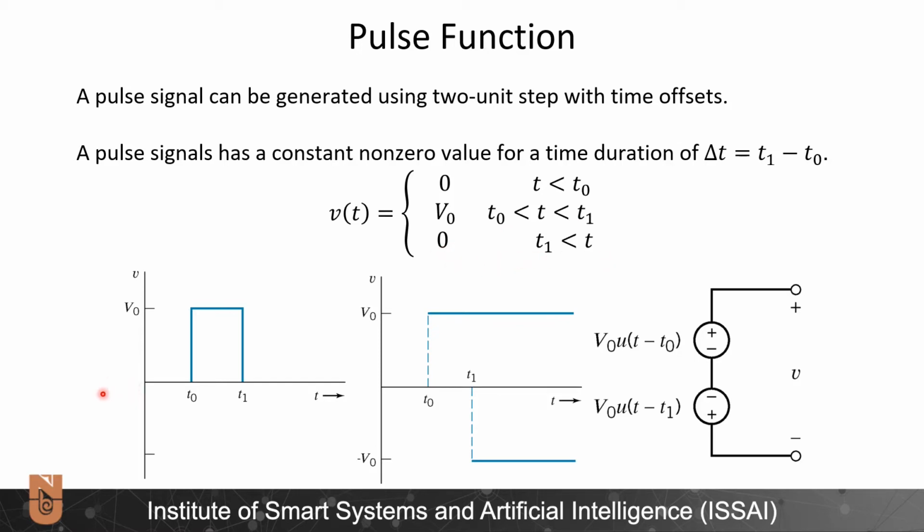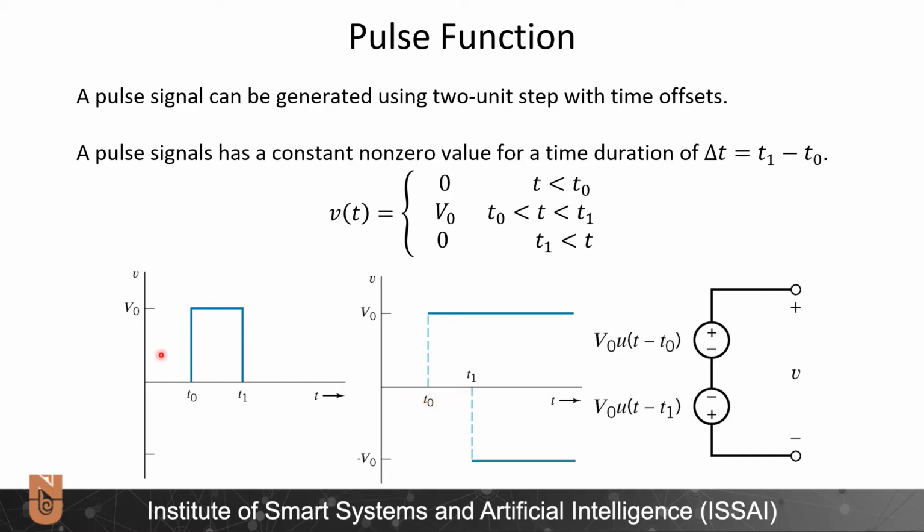So as you can see, if we draw the pulse function, we just see that it is like a step, but a step function was continuing till infinity, but here we just have another drop. This drop can be generated by using another unit step function, which also continues till infinity, like the original unit step function, however, it starts with an offset.